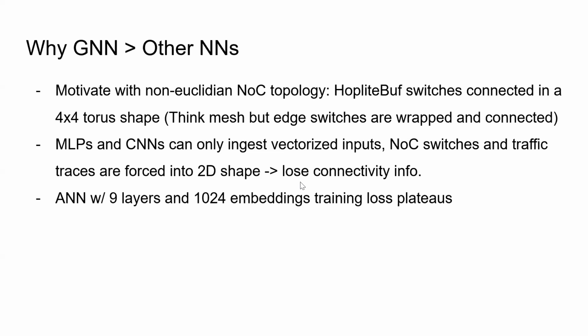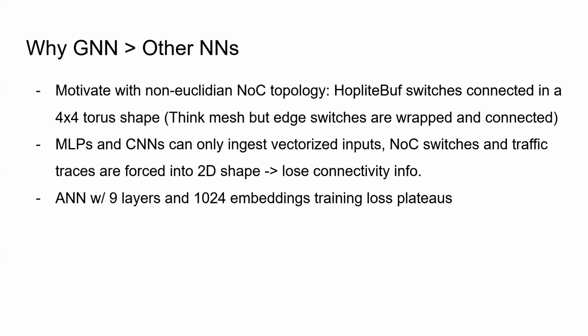Once you're flattening into vectorized inputs, you're losing that wraparound connectivity info. There's no way you can represent that original connection. That applies not only to the switches, but also if you have some sort of traffic that wants to utilize that edge, there's just no way to represent that.